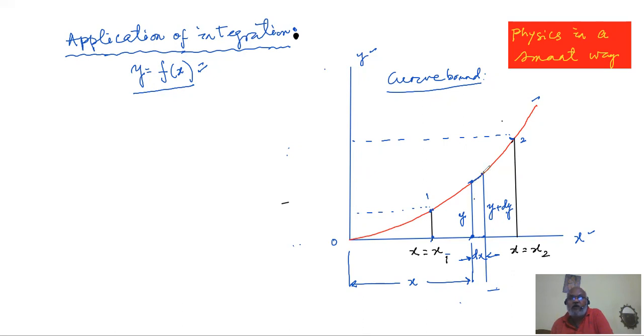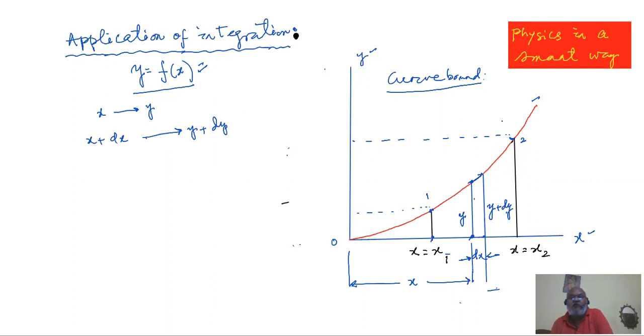But the second point has x plus dx and y plus dy, because you know y depends upon x. So when x changes, y is bound to change. For the first point x, the corresponding value is y. For the second point, x plus dx, the corresponding value of y will obviously be y plus dy.